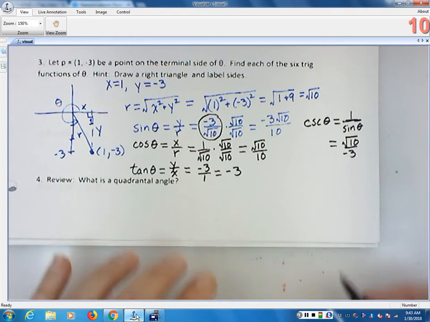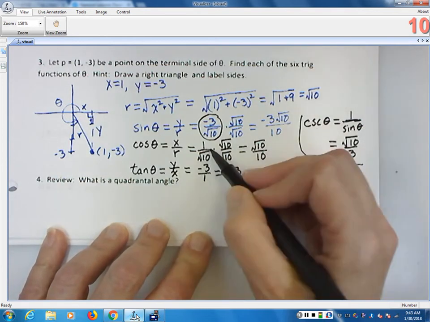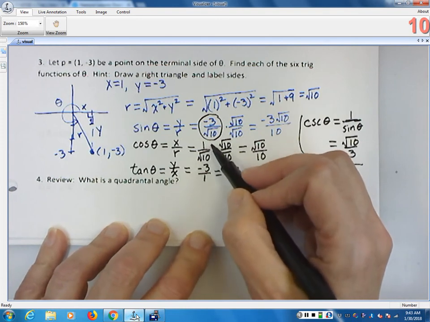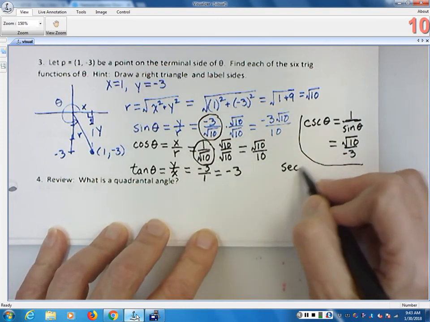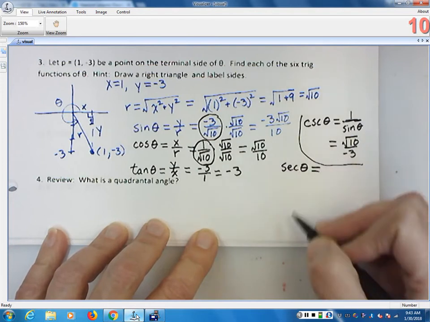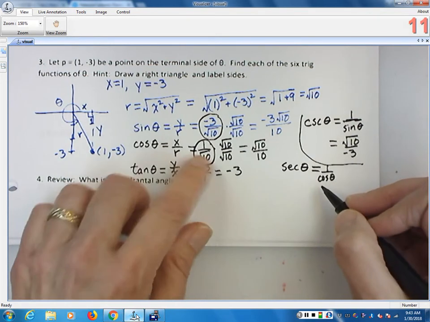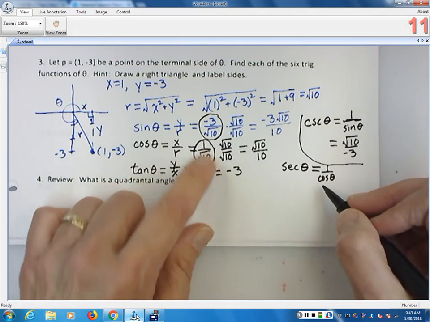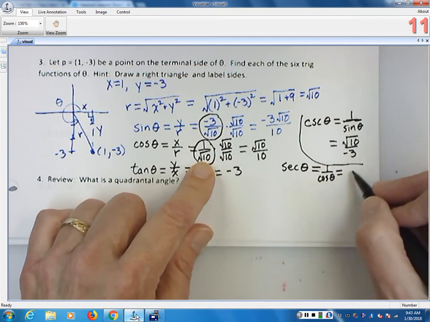So when you take the reciprocals, you're going to use the unsimplified version. For secant theta, I'm just going to do 1 over cosine theta. And I'm going to take cosine theta before we rationalize the denominator, so when we take the reciprocal, that's just the square root of 10.